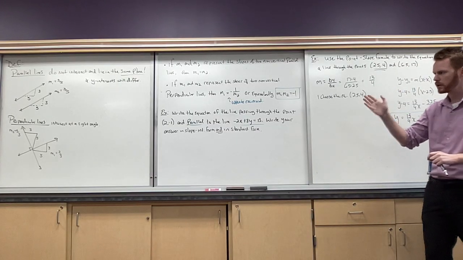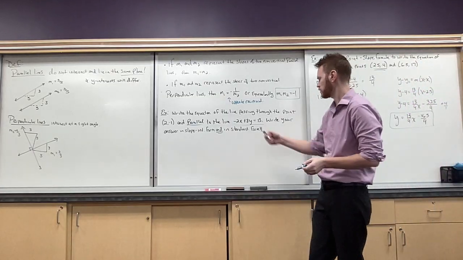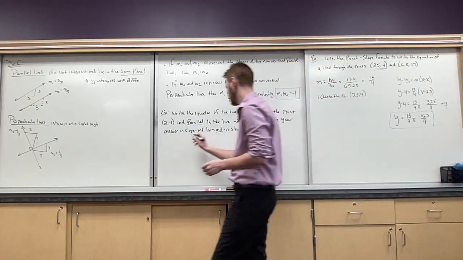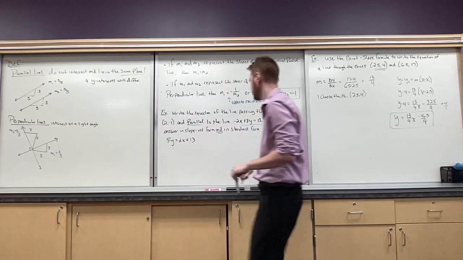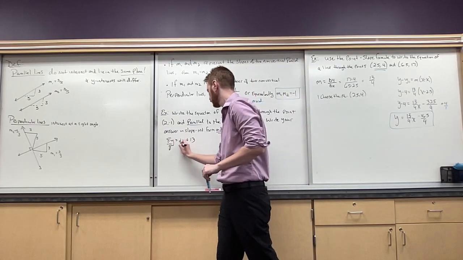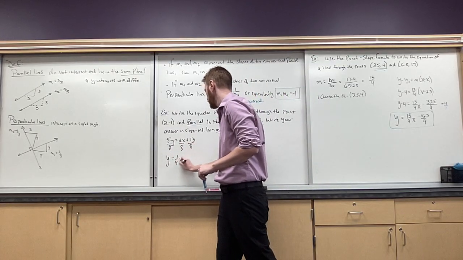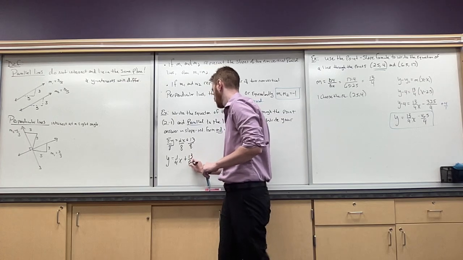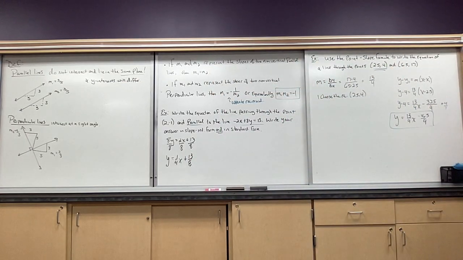Then I can use that to find the slope of my line. So just solve that for y. We're going to add 2x over, so we get 8y equals 2x plus 13. Then we'll divide by 8. So we get y equals, I'm going to reduce 2/8 to 1/4.